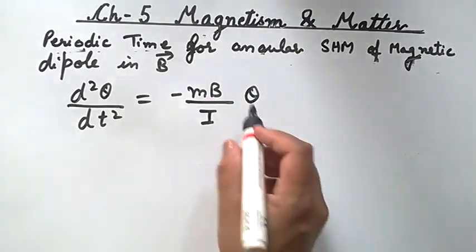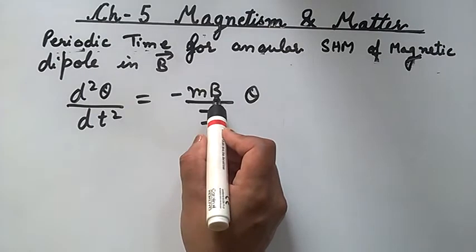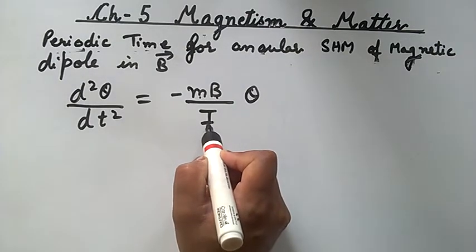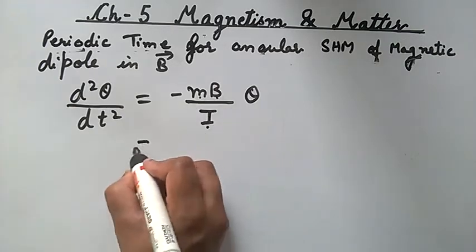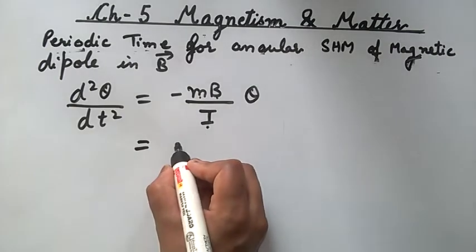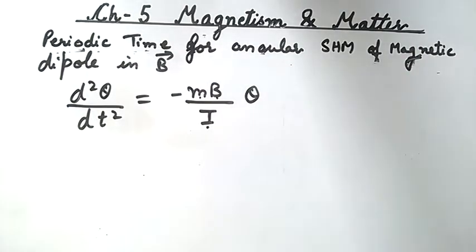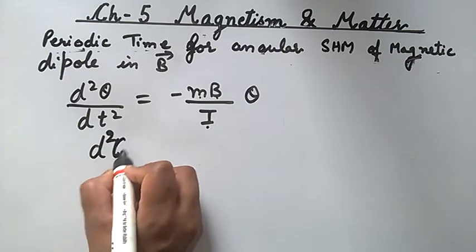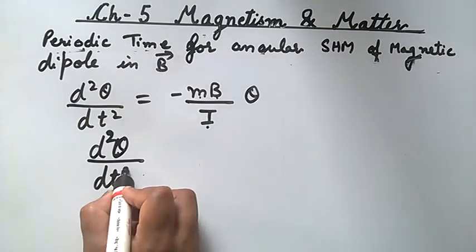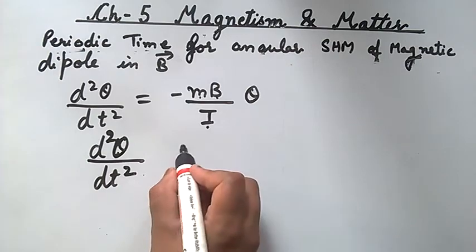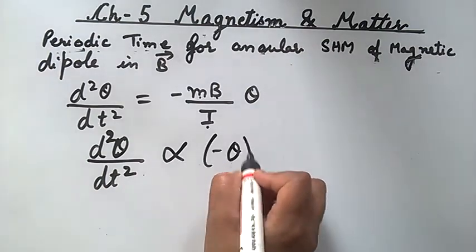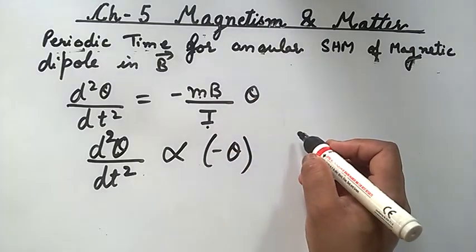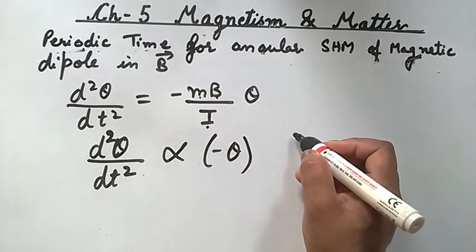As we know, the magnetic moment, magnetic field and moment of inertia are all constant. Thus we can write that d square theta by dt square is proportional to minus theta, or we can substitute MB by I equal to omega square.